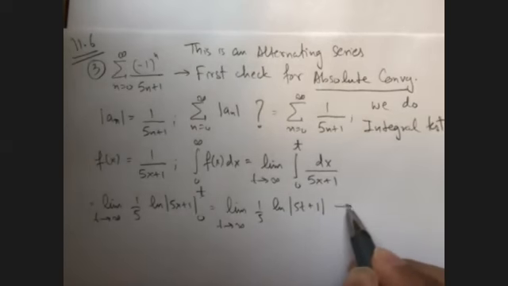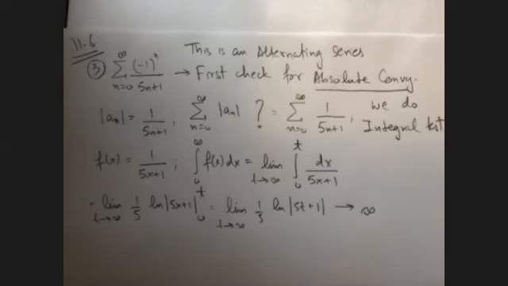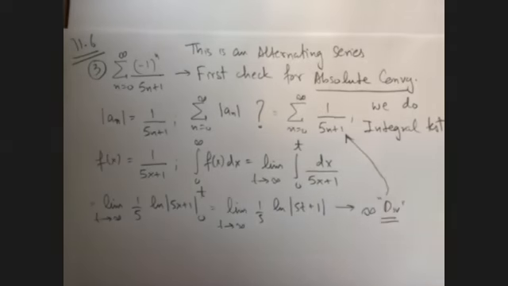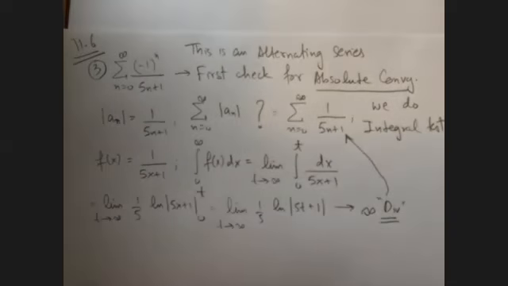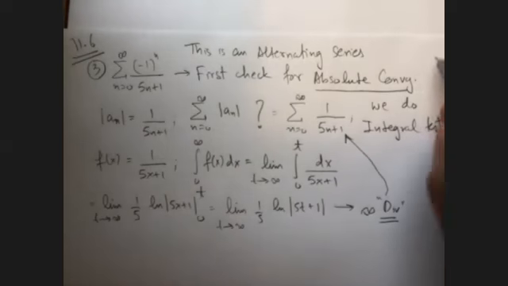So this tends to infinity as t goes to infinity. So it means divergent. So this series is divergent, not this. So it means absolute convergence is not true.